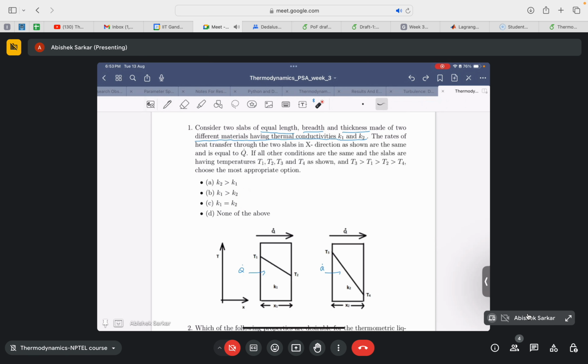I would suggest you directly use Fourier's law of heat conduction, that is Q is equal to minus K A delta T by delta X. Then compare the net heat transfer rate for the two slabs. Compare the expressions and then find the relevant relationship between K1 and K2.